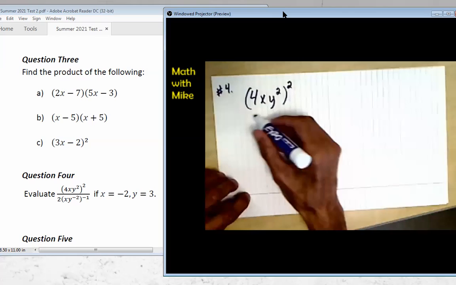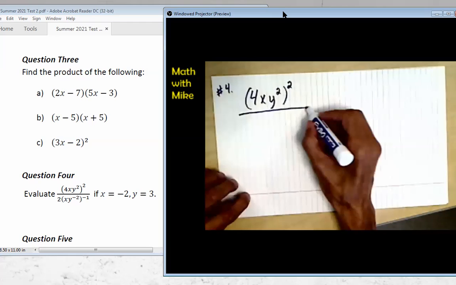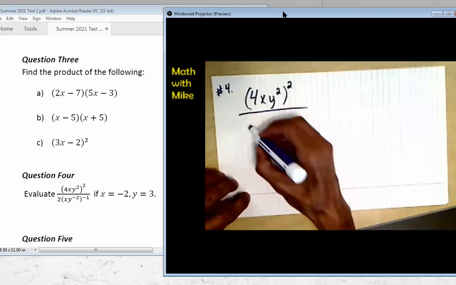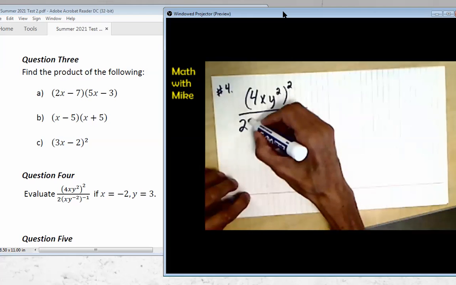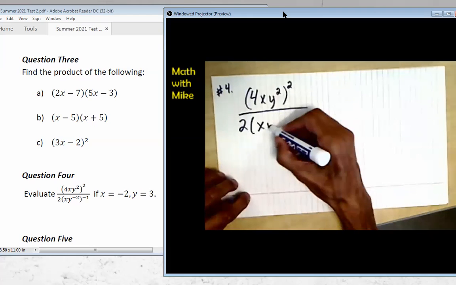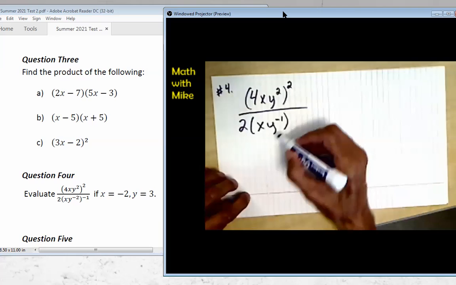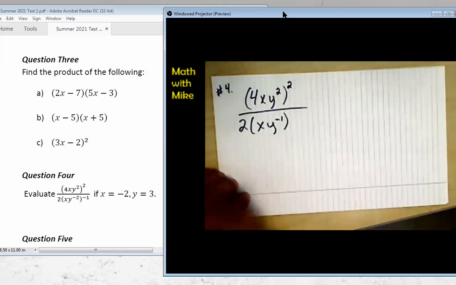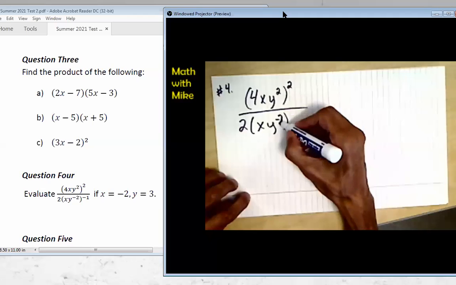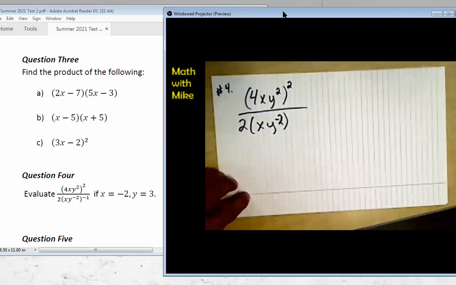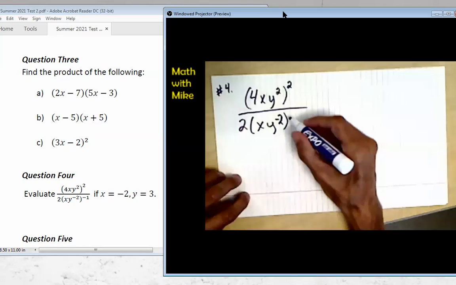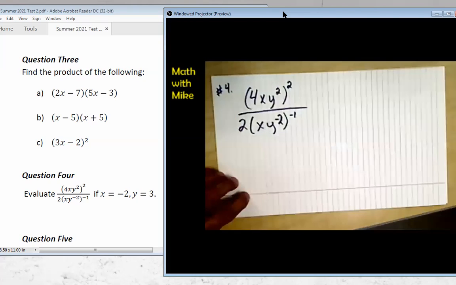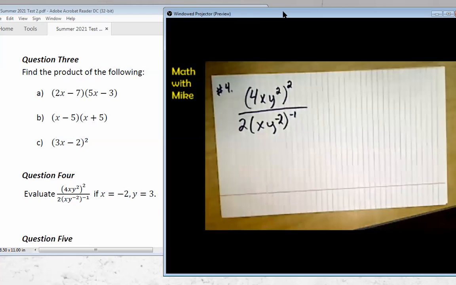On the bottom, oh, we got negatives and negatives and negatives. Got to be super careful here. Not just copying the question out, but oh, look at that. It's a -2 actually. There we go, -2. And then a -1 on the outside. And as it shows, we're going to let x equal -2 and y equal 3 when we work this out.